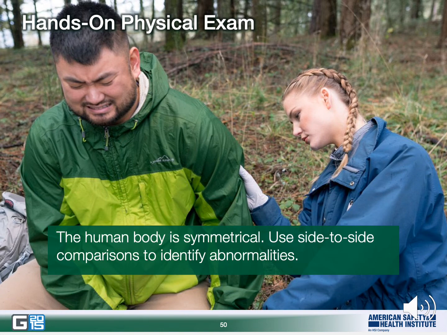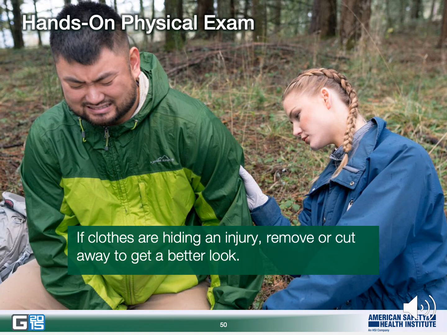The human body is symmetrical. Use side-to-side comparisons to identify abnormalities. So, for example, check the right shoulder to see if the left shoulder might be swollen. If clothes are hiding an injury, remove or cut away to get a better look.